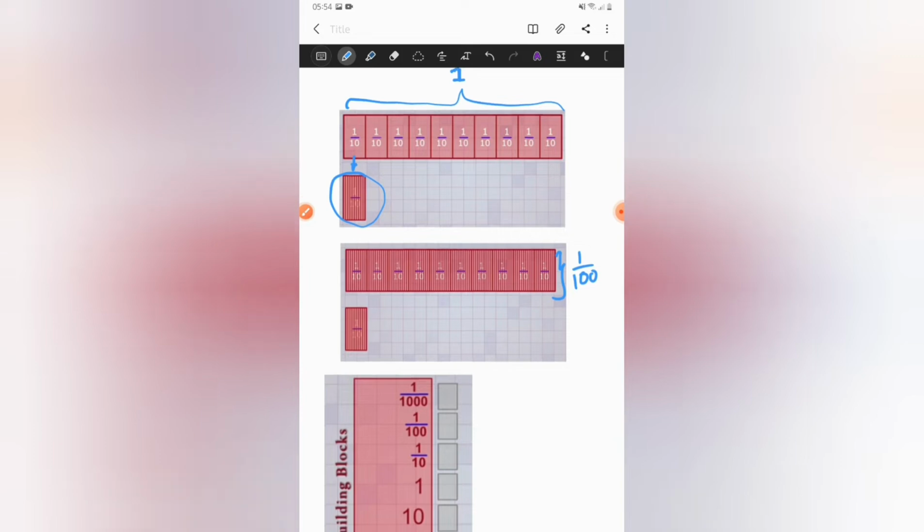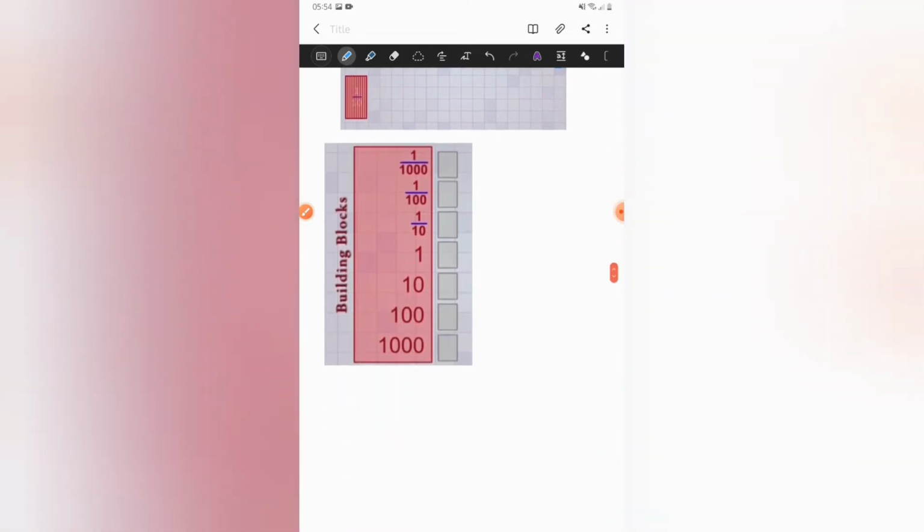Okay, so I'm going to show you this building blocks. We need the place value for each of these: 1000, 100, 10, and 1. This is very common for you because this is the lesson that you have learned.